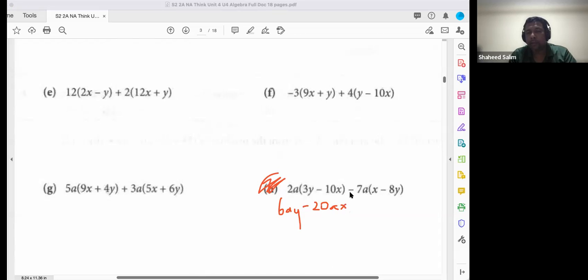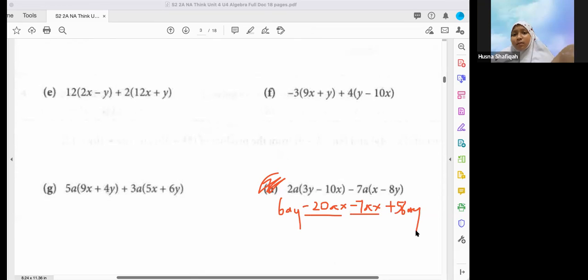Minus and plus gets minus 7AX. Look, you owe 20x, you owe 7x. Then minus and minus becomes plus 56 AY.